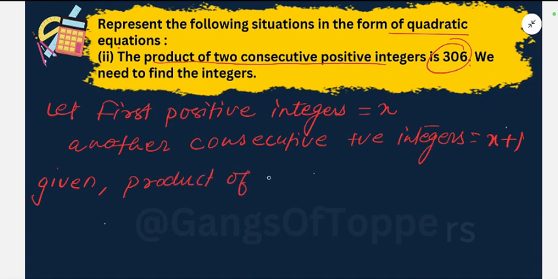Product of two consecutive integers equals 306.